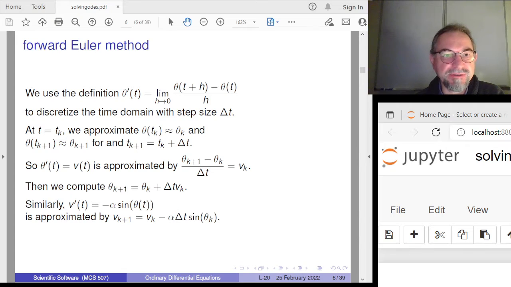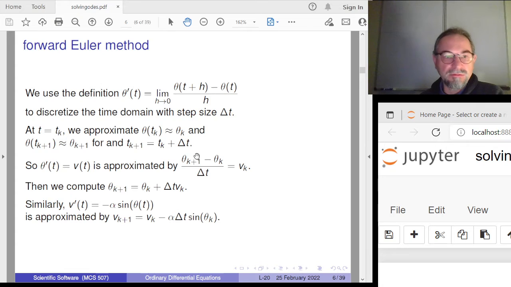The h in the definition of the limit is an infinitesimal, it goes to 0. If the delta t is well chosen, then we can take the approximations that we compute that way as approximations for the position, and likewise for the velocity. There are three formulas. We have a time stepping method, so we step forward in time.